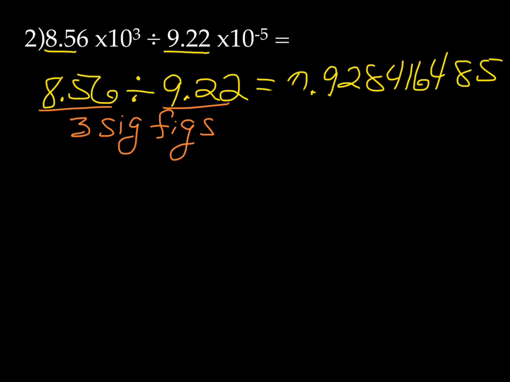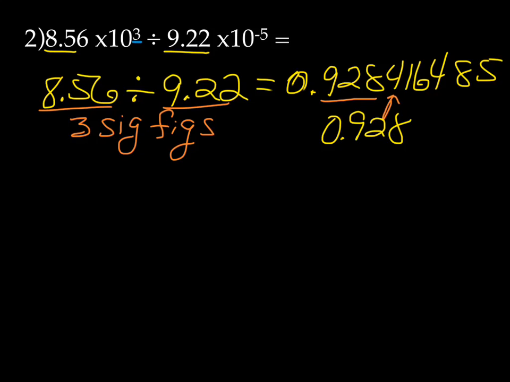So the first 3 sig figs are the 9, the 2, and the 8. So we're going to drop from the 4 on. And because the 4 is less than 5, we're just going to drop. And our answer will be 0.928.